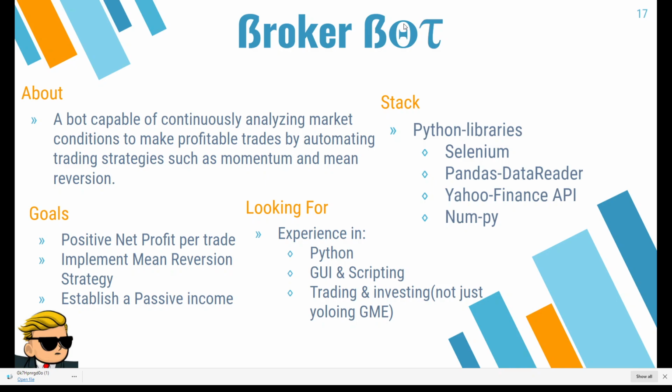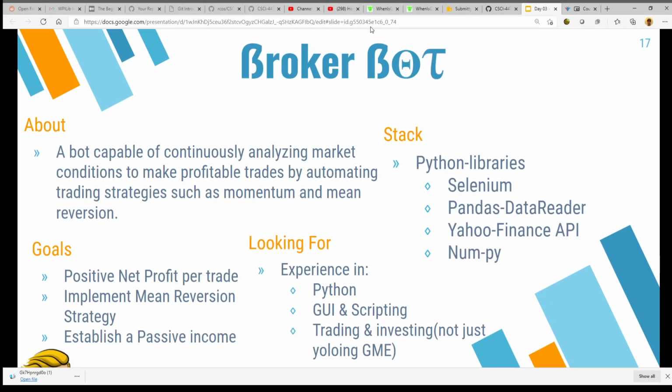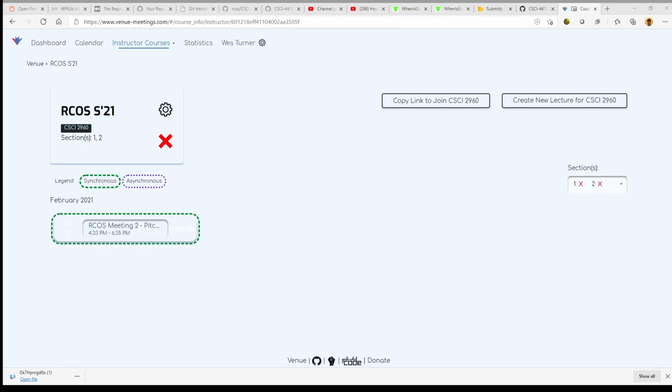Our short-term goals are to implement the mean reversion strategy, which is kind of the hello world of the trading world. Implement a back tester so that we can use previous financial data to train our algorithm.